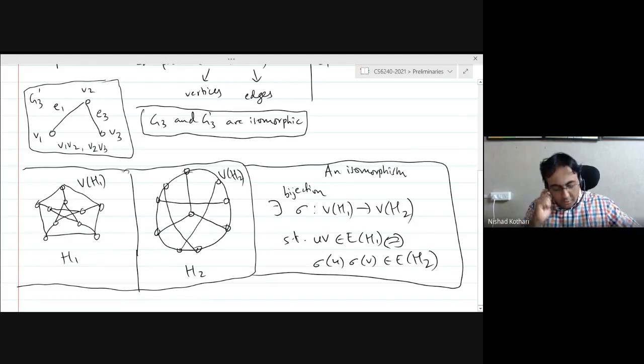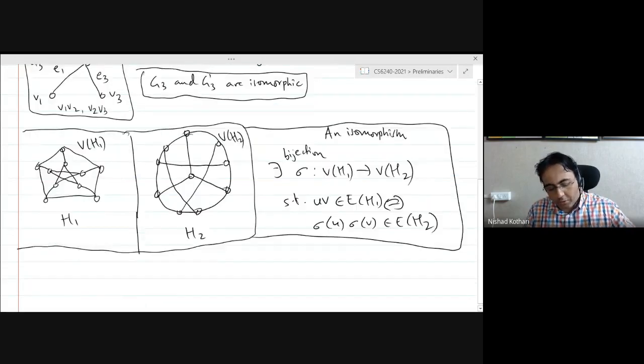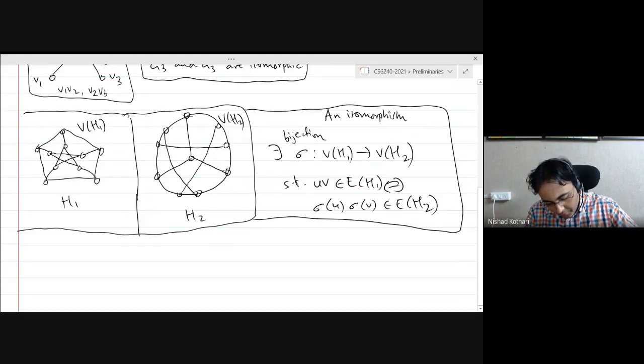So what you can do is redraw the graph, label the vertices if you like, and then map them in such a way that the edges are preserved exactly. It is not about the number of edges. To give you an example, here is another graph which has the same number of vertices and edges as this graph.